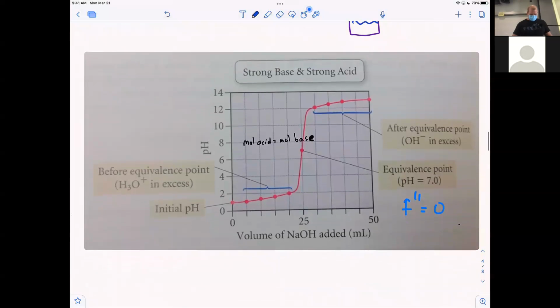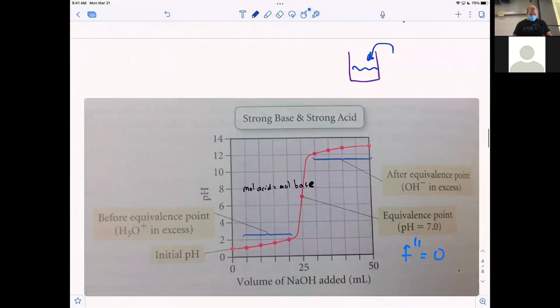Anyways, if you look at the y-axis, the y-axis is pH, and the x-axis is the amount of base added. And if you notice, you start off at a very low pH, so an acid. In this case, at zero sodium hydroxide added, it's just acid.